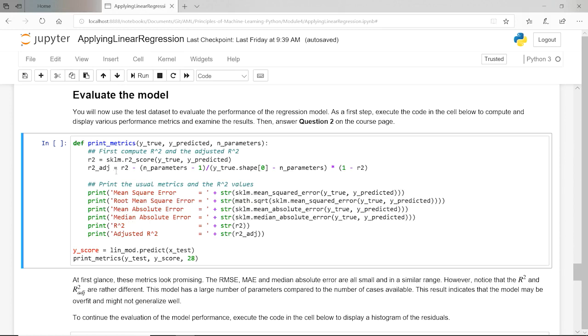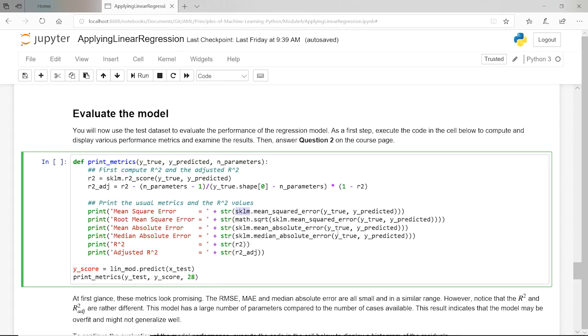I'm getting these all from scikit-learn's metrics package. I just loaded it as SKLM, and I run, for example, mean squared error, giving it the true label and the predicted value. I just go through and do that for each one of these.